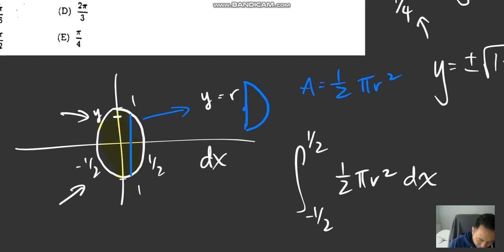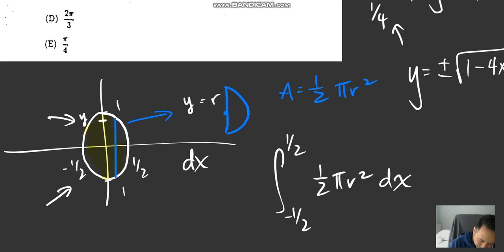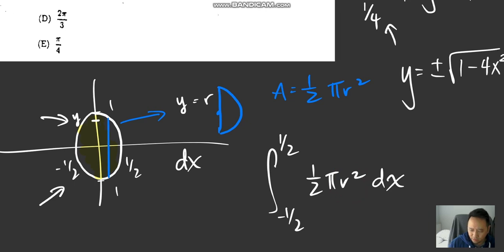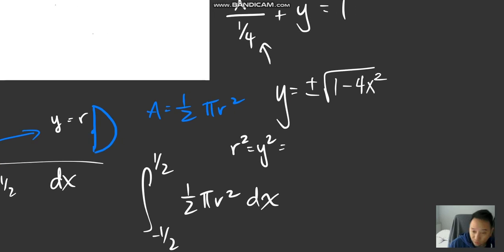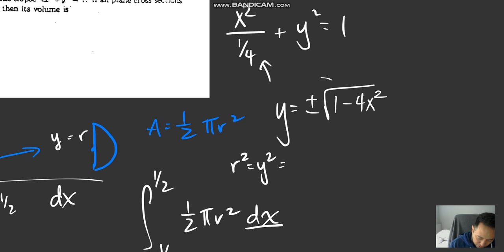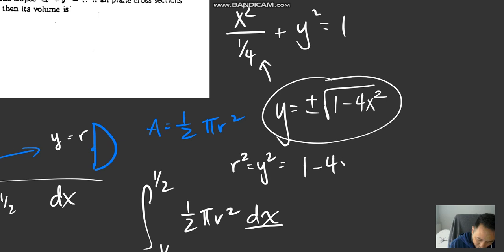I have an r squared in my formula, so r squared would be y squared. And y squared in terms of x, remember this is a dx problem, is just 1 minus 4x squared.